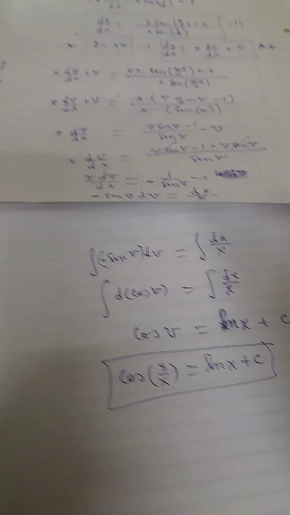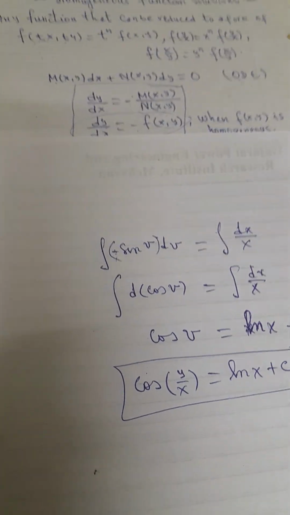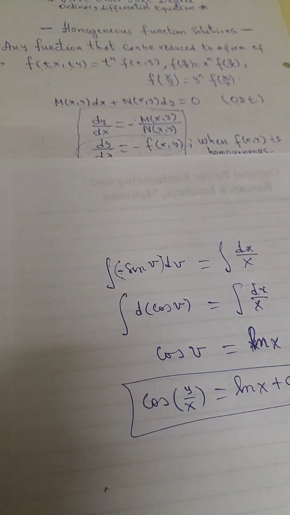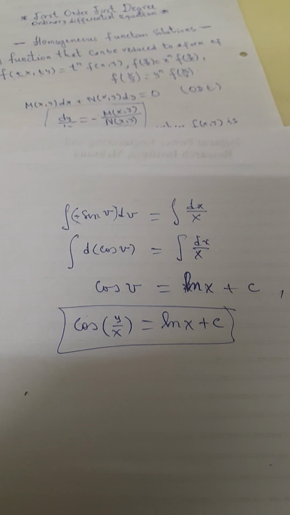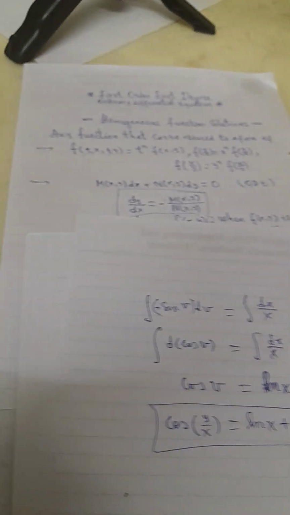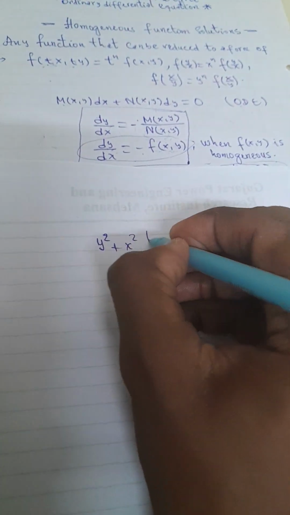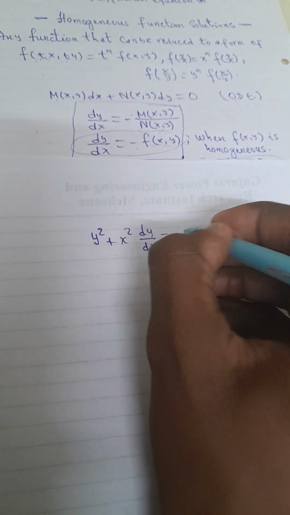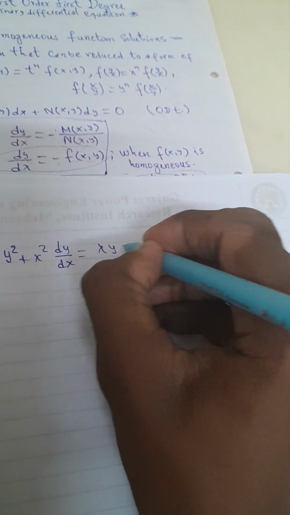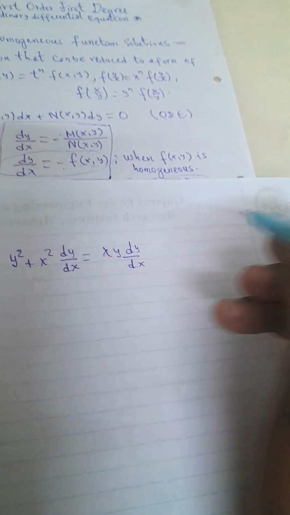Now let us go for another exercise. Suppose we have a function like this: y squared plus x squared dy dx is equal to xy dy dx.